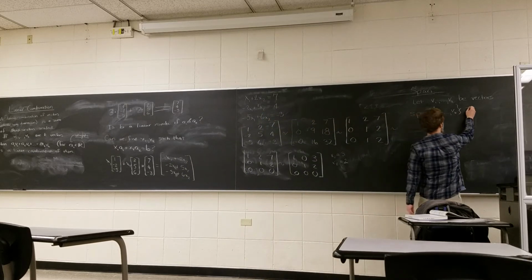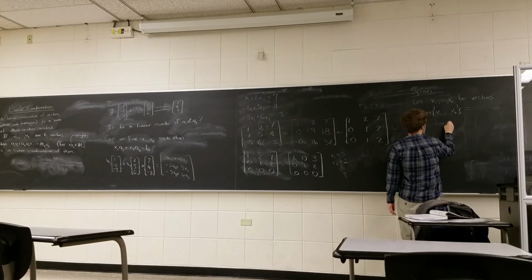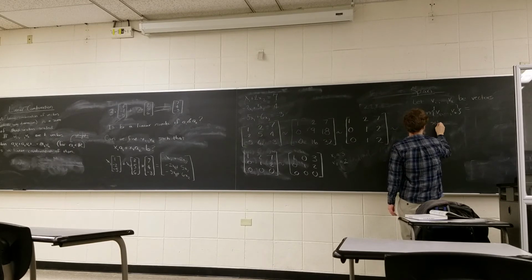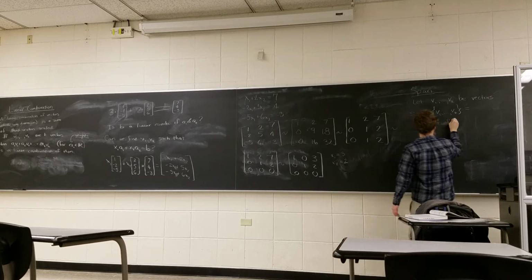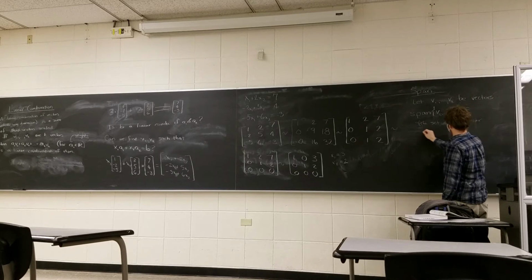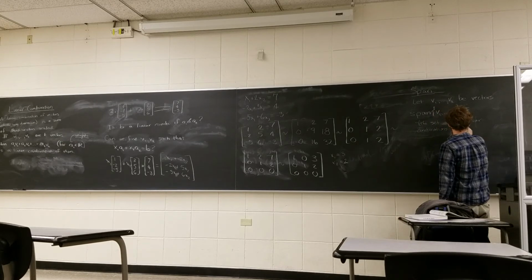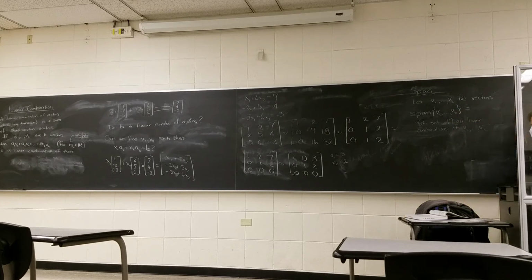So this is equal to, in words, the set of all linear combinations of V1 up to Vk. All right, that's in words.